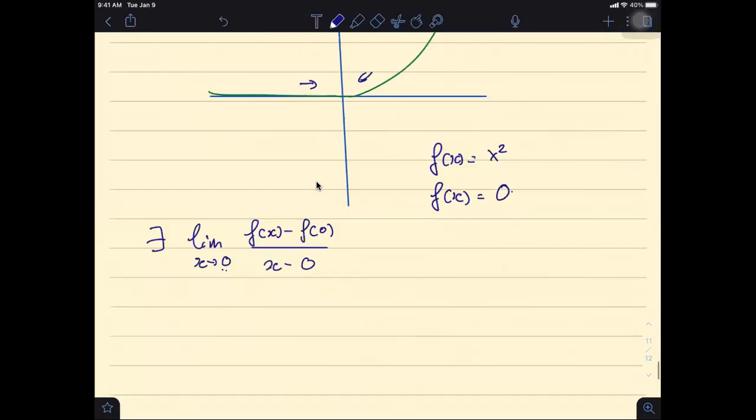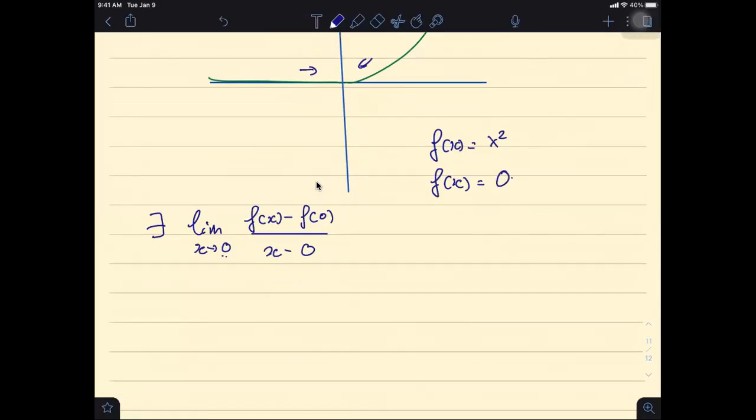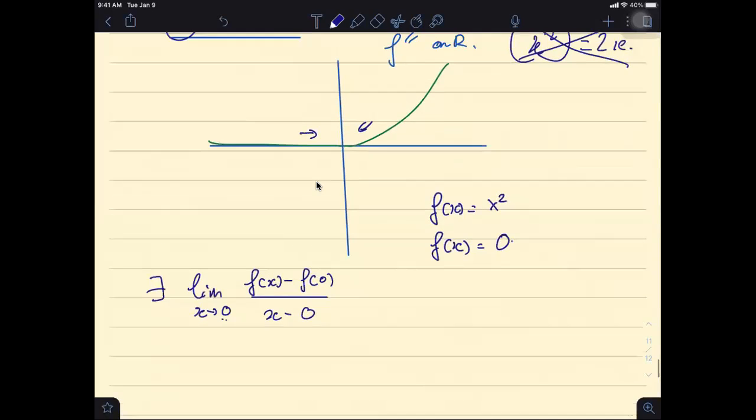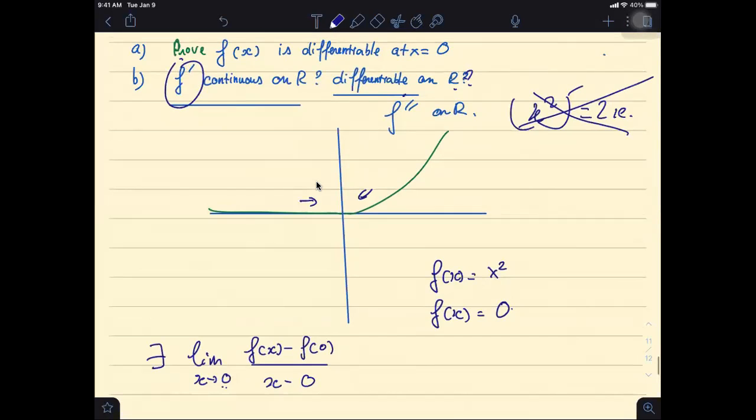Yeah, it's not really too crazy. The first thing you want to do is look from the left. You want to prove it's differentiable at x equals 0, right?